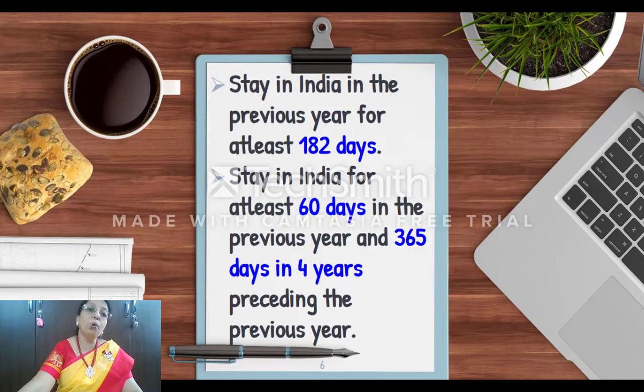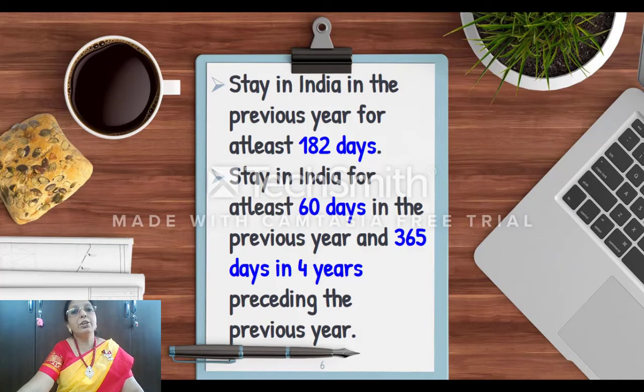And in the 4 years before the previous year, that is leaving out 2019-20, that is 2018-19, 2017-18, 2016-17, 2015-16, in those 4 years, he should have been here for at least 365 days. So all 4 years together, he should have been here for at least 365 days.